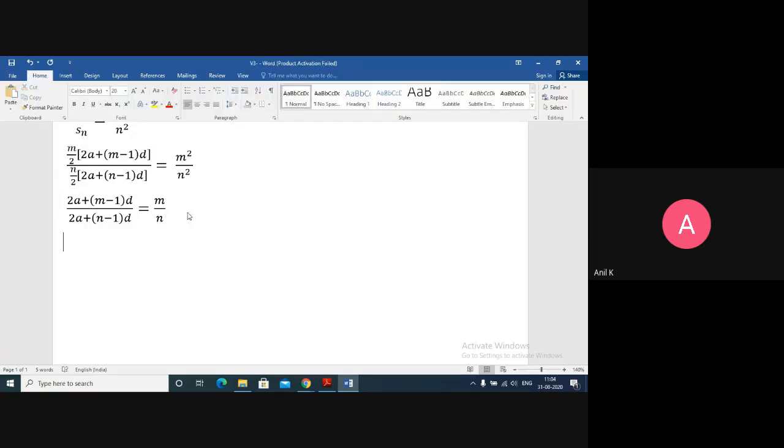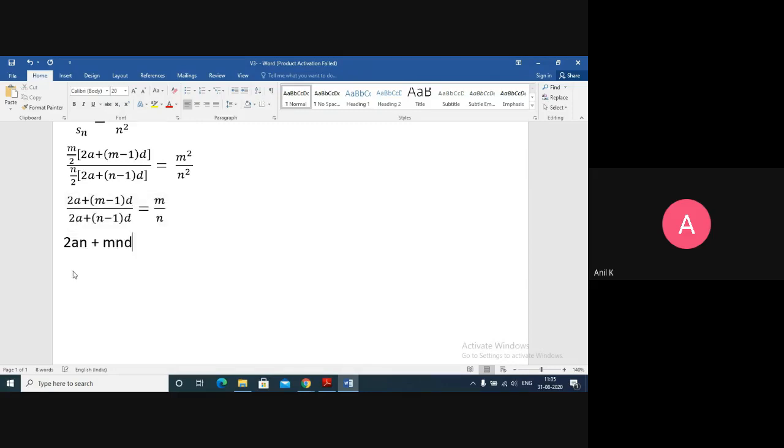Now we can do the cross multiplication and simplify. First, the denominator n will multiply with 2a plus m minus 1 into d. Let me see what we get. 2an plus, first I'll get m into d, md, into n.